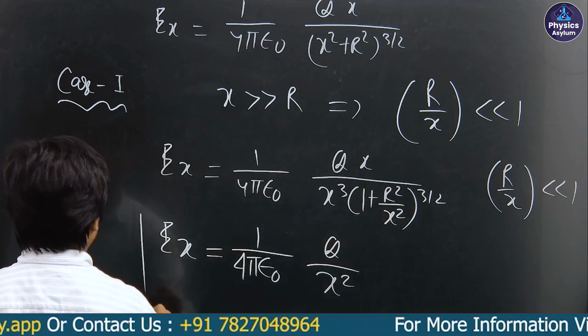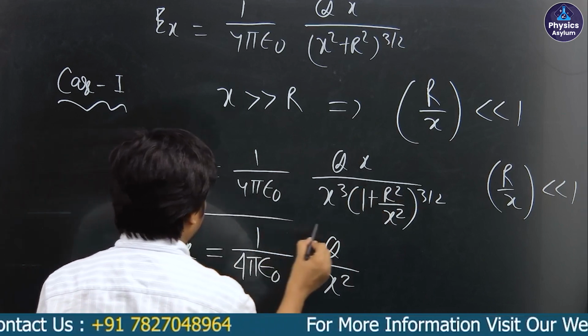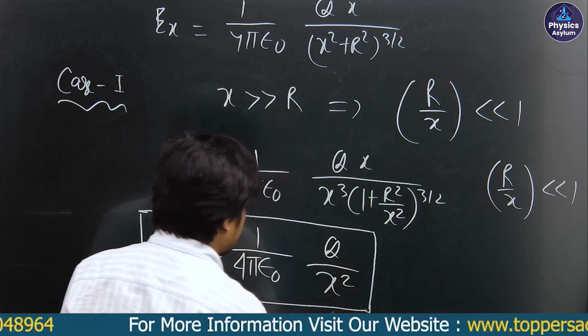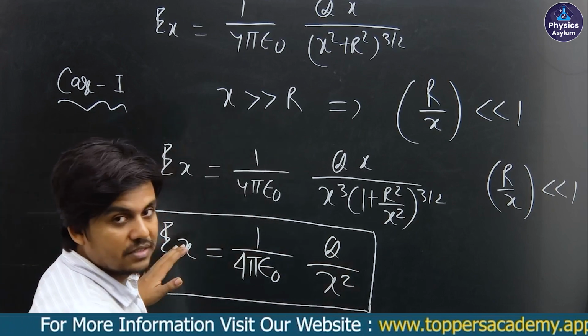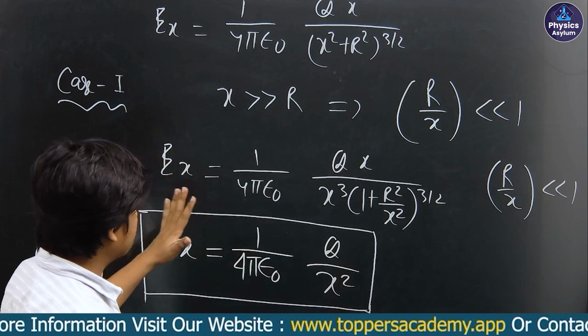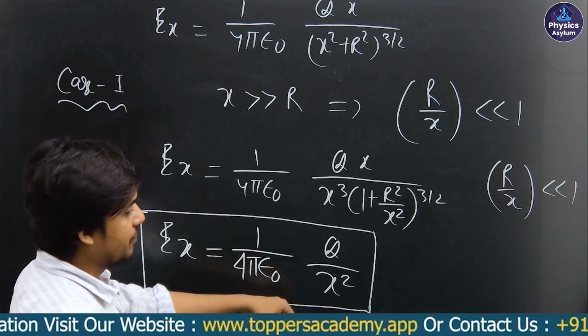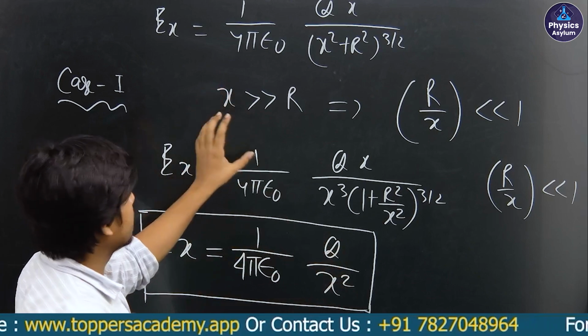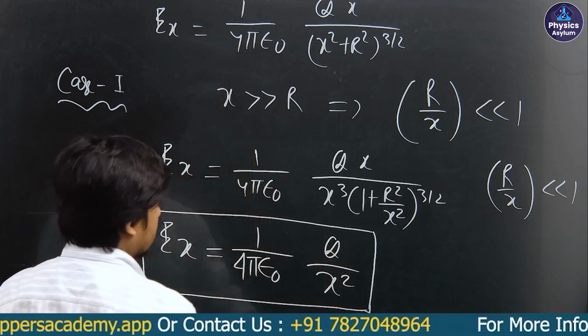This much will be the electric field at a point lying on the axis of the ring if that point is very much far away from the center of the ring.